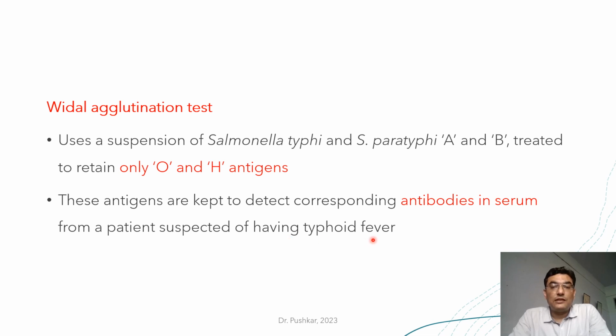So if there are antibodies in the serum of the patient, meaning the patient is suffering from typhoid fever, they will react with the O and H antigens of the Salmonella typhi and paratyphi and will cause agglutination, so the Widal is positive. That's how we do the Widal test.